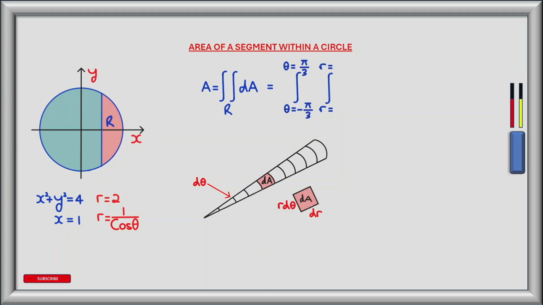Within the sector, we have infinitesimally small pieces of area denoted by dA. The size of each area is the length multiplied by the width. So in this case, dr is the length and r dθ the width, and so dA = r dr dθ. To find the total area of the sector, we integrate or sum in the r direction.